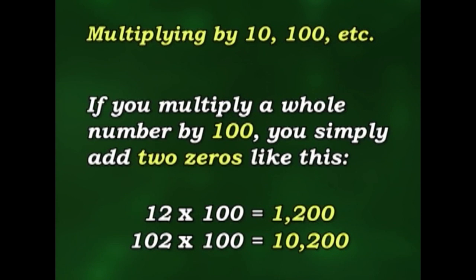So 102 times 100 is 10,200. It's incredibly easy, don't you think?